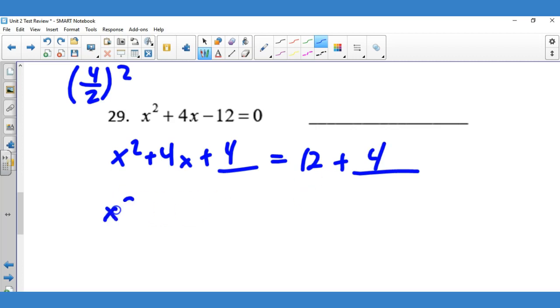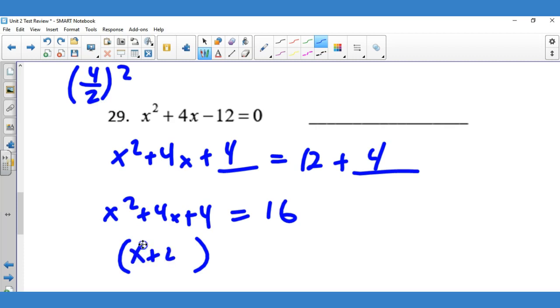So we have x squared plus 4x plus 4 equals 16. Then we need to factor this side. 4 divided by 2 is 2, so x plus 2 squared equals 16.